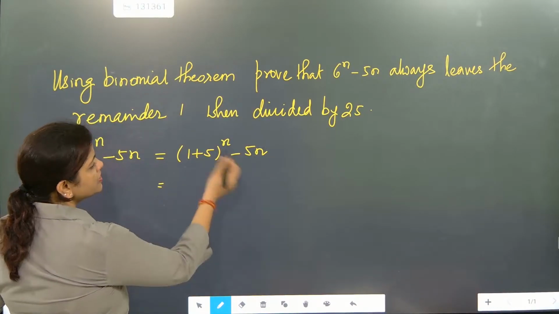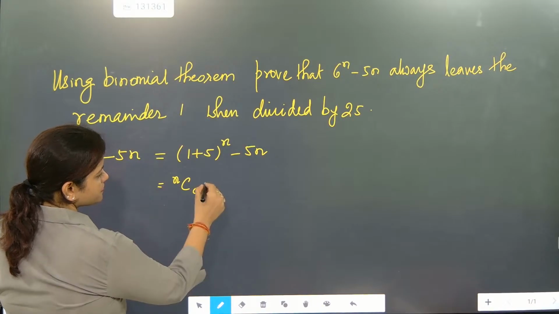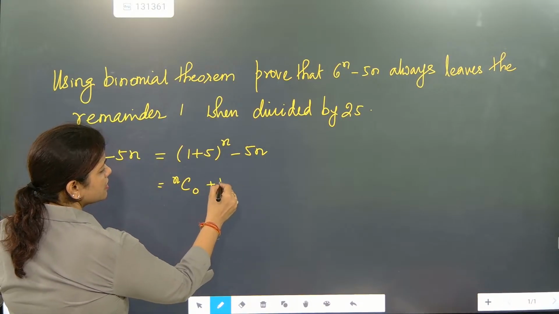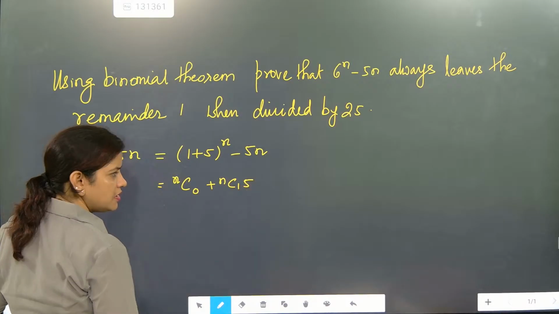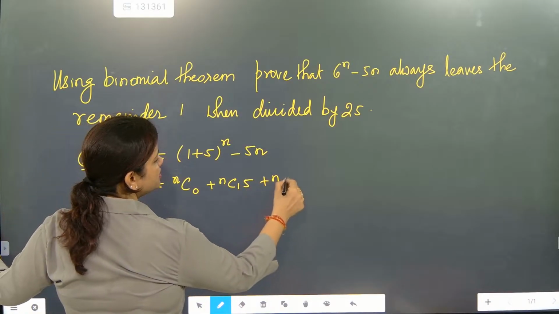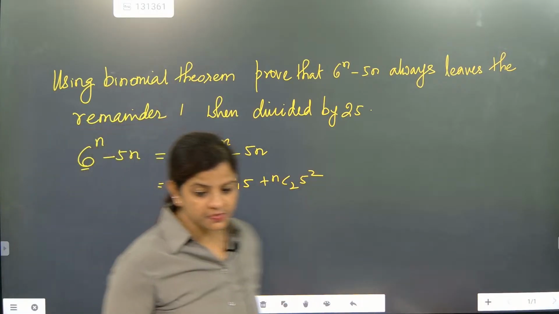Now, beta, we will start with nC0, then nC1 times 5, then nC2 times 5 square, because we know the expansion theory.